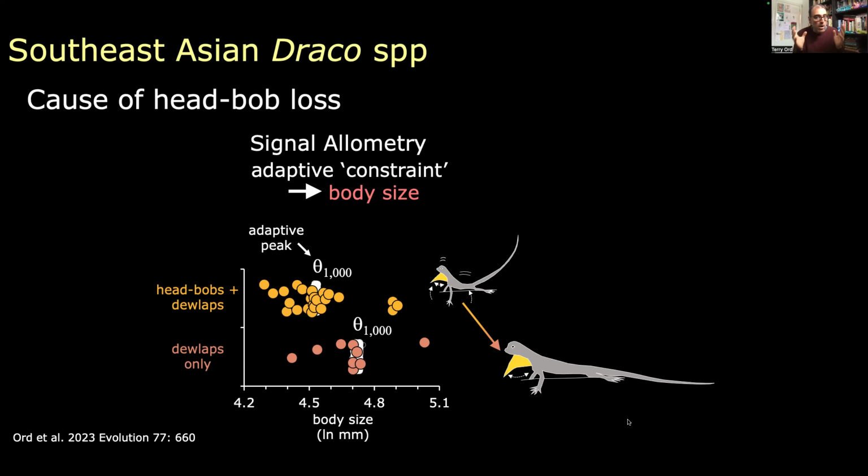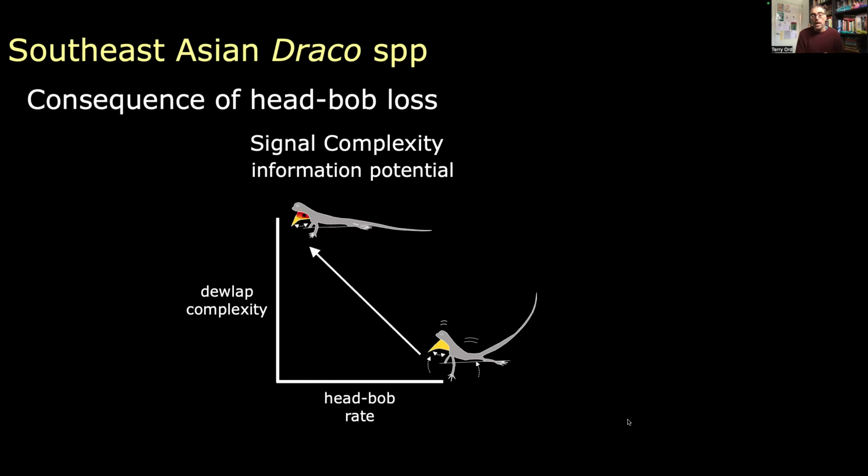I won't go into detail about why that's the case, other than to say that it's a combination of character displacement and ecological competition driving increases in species body size. But if you're bigger in your body size, it's more costly for you to produce that head bob component. So it seems that it's got to the point that it's too costly, and these lizards have lost the head bob entirely and now rely exclusively on that dewlap.